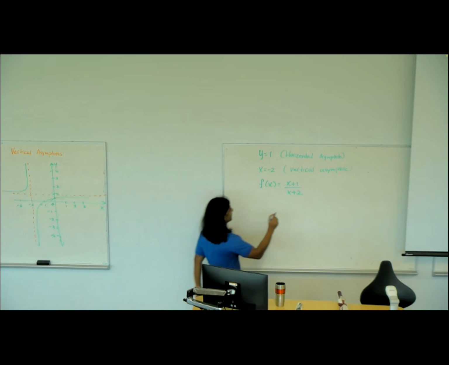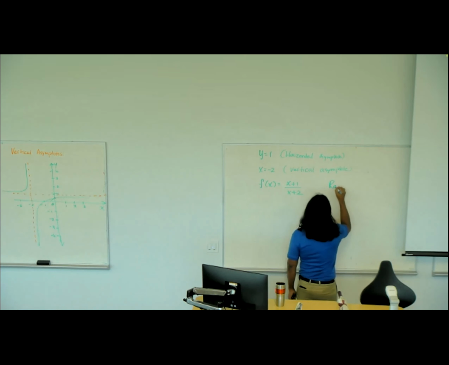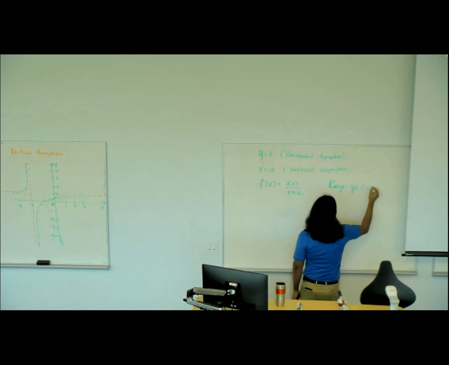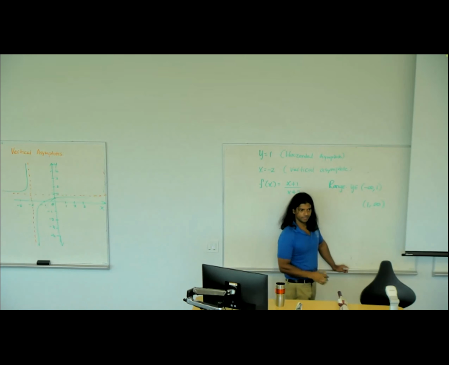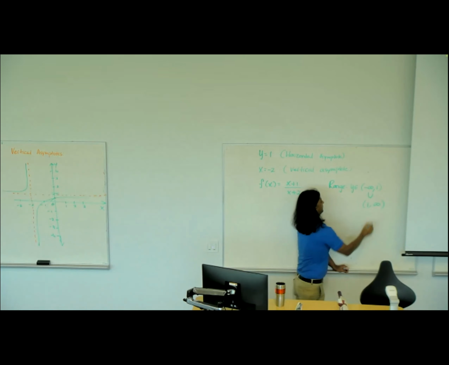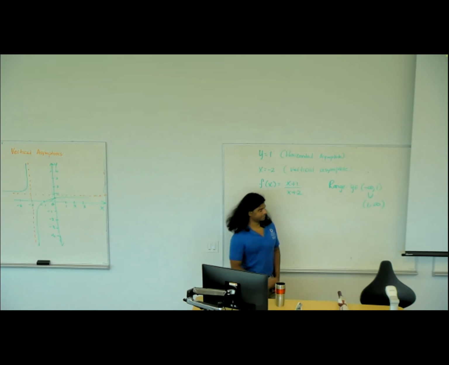So I can write the range: negative infinity all the way up to 1, 1 up to infinity. What should we put in the middle? And what about the domain?